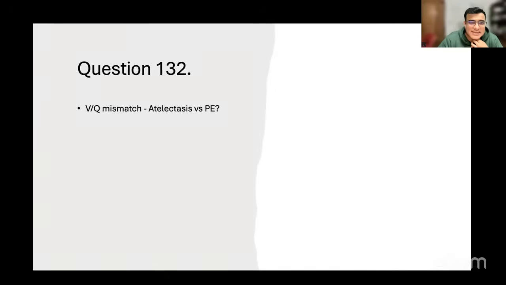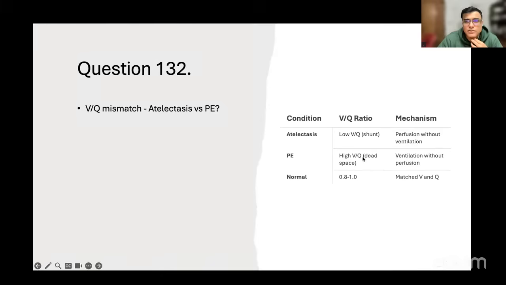VQ mismatch, atelectasis versus PE. In atelectasis you will have low VQ, a shunt, which is basically perfusion without ventilation. In pulmonary embolism you will have high VQ, dead space, so ventilation without perfusion. Normal is 0.8 to 1, where both V and Q are matched.